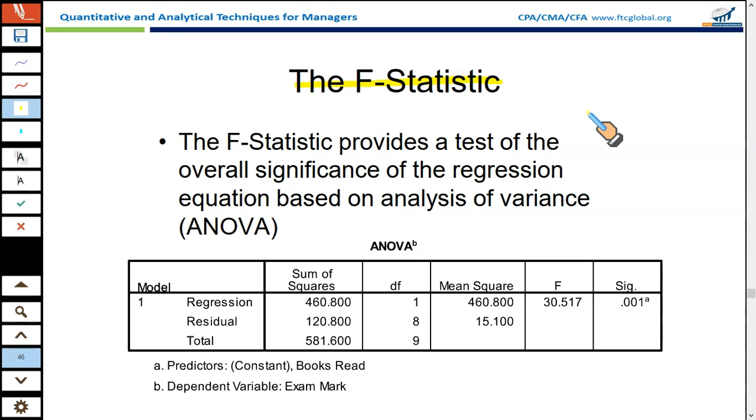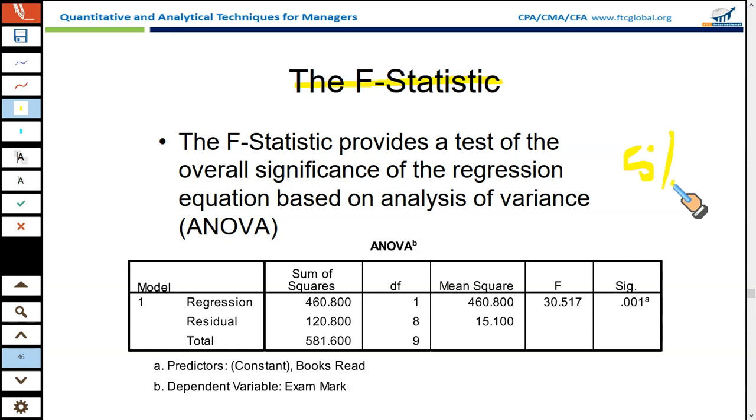So what should we expect? What score is good? It is determined by its associated p-value. If the p-value is less than the chosen significance level, let's say 5%, the relationship between the variables is considered statistically significant.